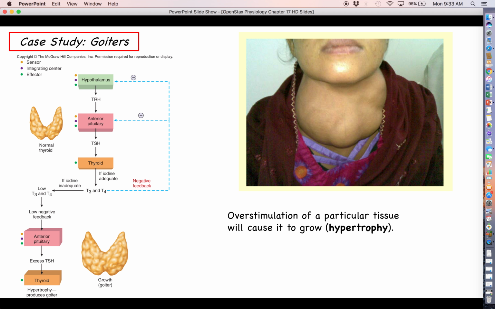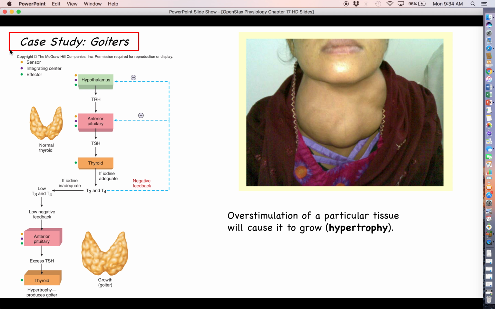So even though iodine is not very concentrated in the blood, because we have to obtain iodine from the diet, it is possible to not eat enough food that contains enough iodine. And if that is the case, then your thyroid's not going to be able to make enough thyroid hormone. So on the far left here, you can see the typical hypothalamus, anterior pituitary, thyroid axis.